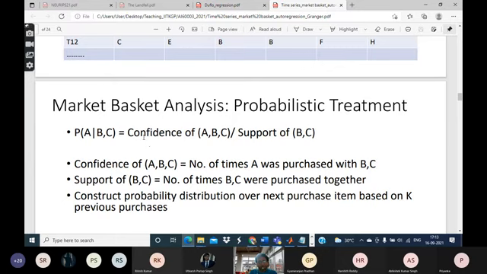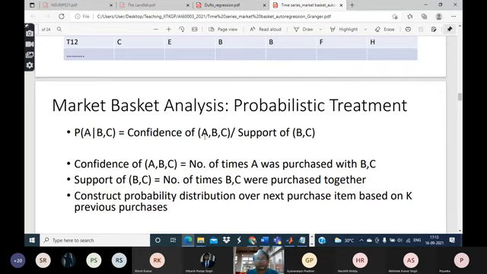First, we will calculate what is known as the confidence of A, B and C being bought together, divided by the support of B and C. What is B and C? B and C is what has already been observed, and A is what is being proposed. So ABC is a proposed item set, and B and C is an observed item set. We already know that B and C have been bought together.